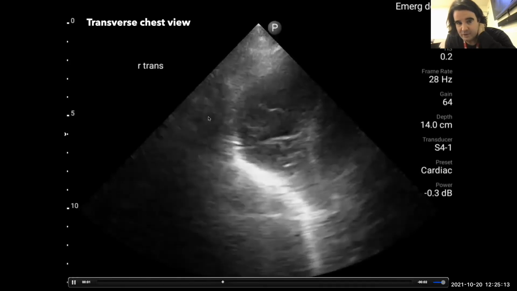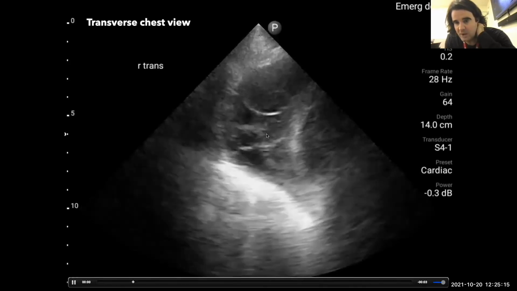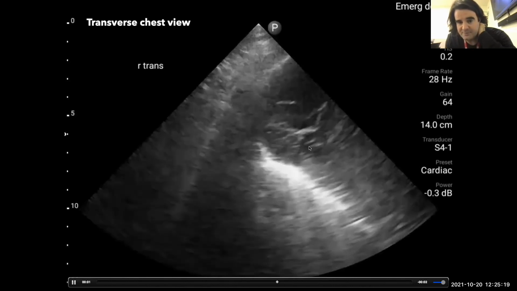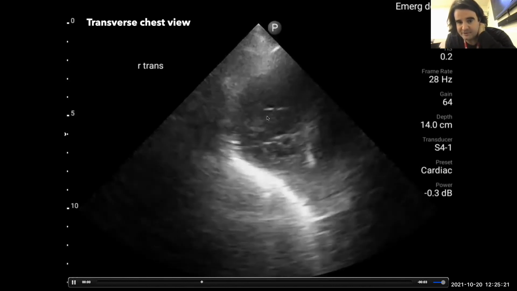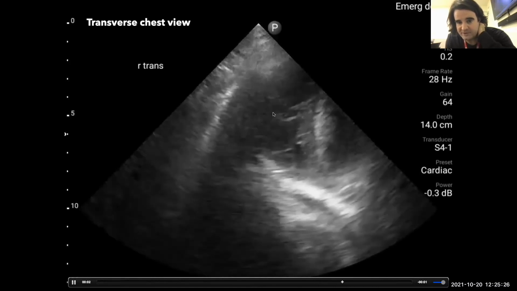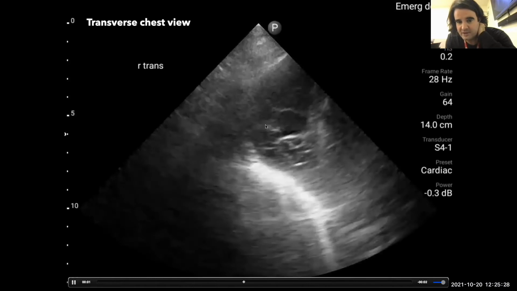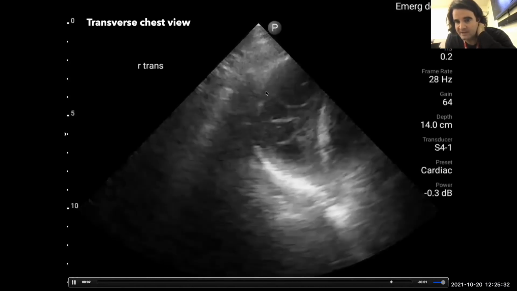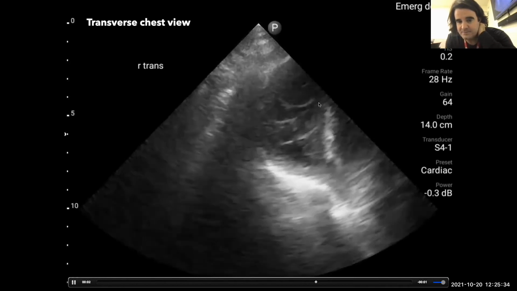We had a transverse view, okay, and the transverse view is a little more complicated to understand. It involves flipping the probe 90 degrees. So we can see here, this is the transverse view. So Dr. Meyer, this again would support what you're saying, that there are multiple loculations here, multiple fibrin strands. This is for sure a complex septated effusion.